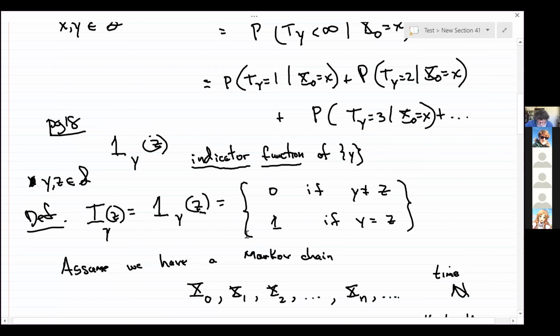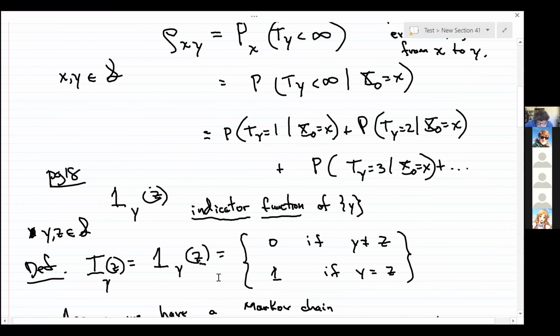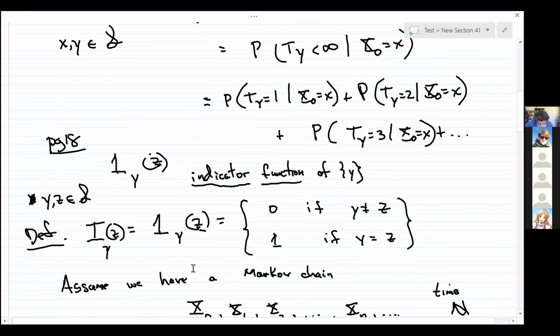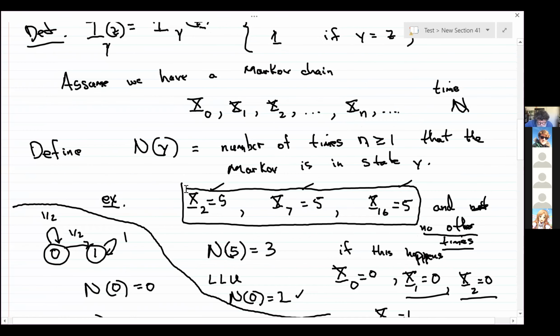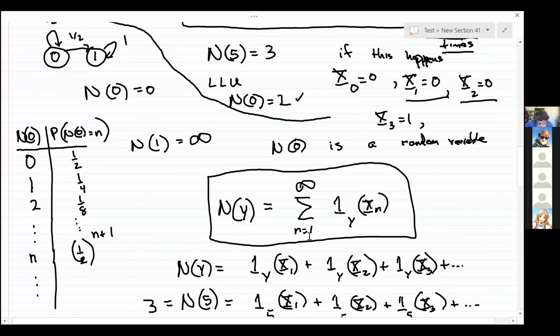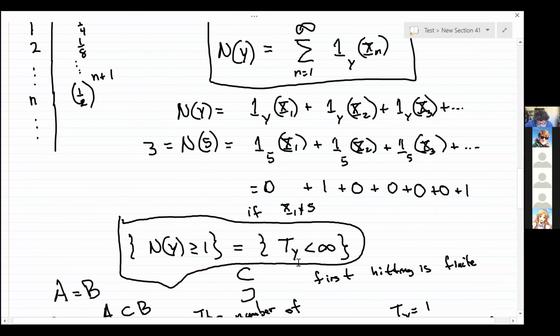We talked about the indicator random function, and the indicator function and the indicator variable, and the number of times we visit a state, what it means. We've got this way of writing it. So things in the box are sort of important. This equals this. We actually went through that little demonstration.